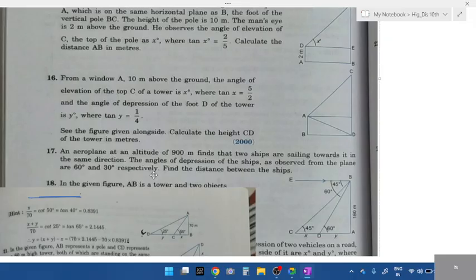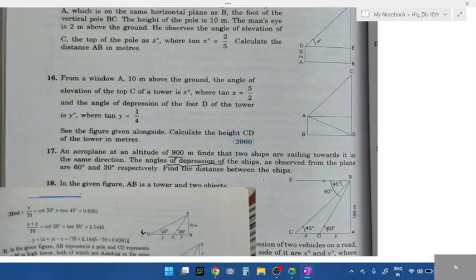Okay, right, and read that 17th. An aeroplane at an altitude of 900 meters finds... Angle of depression is given. Look, the keywords are angle of depression, 900 meters, angle of depression of the ship, 60 degrees, 30 degrees.